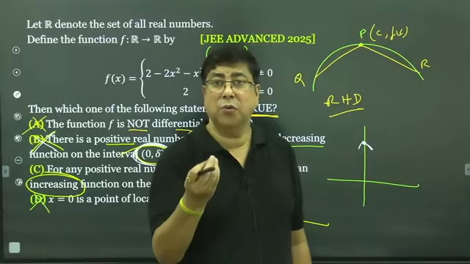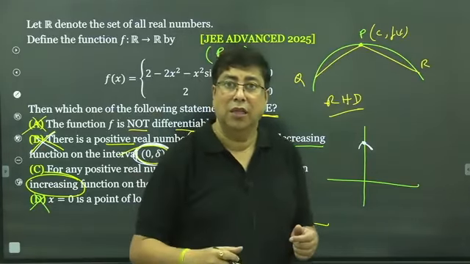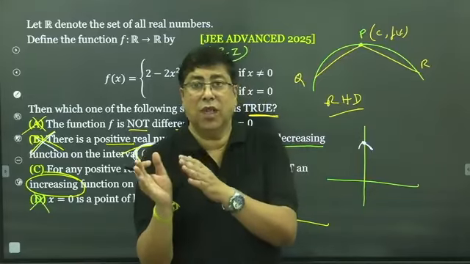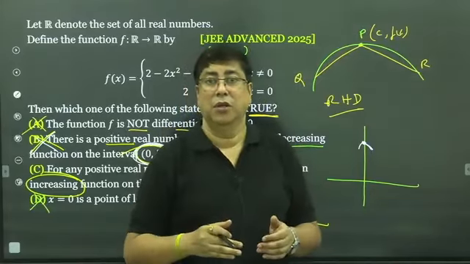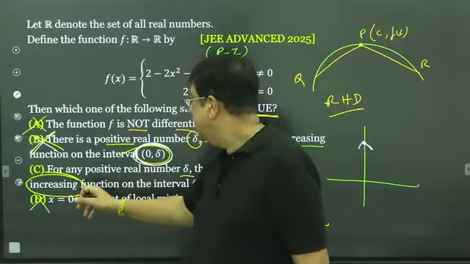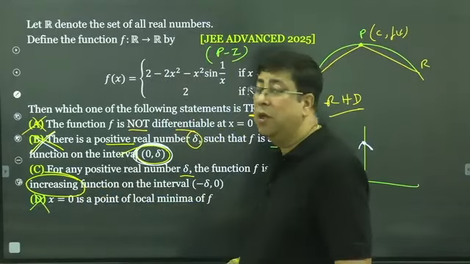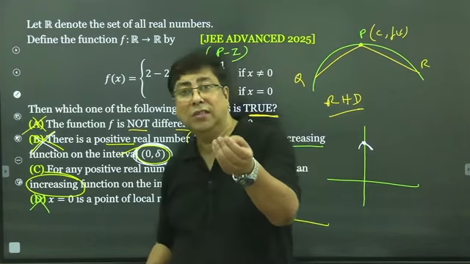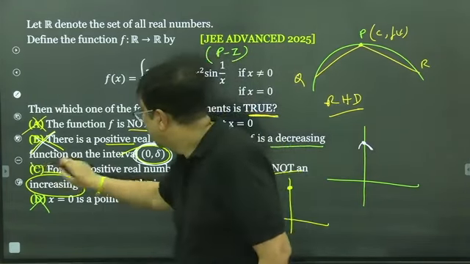Nearer to the value of 0, suppose 0.00001, cos of 1 by x will be so high, and in this region, 0 to that portion, there are so many cycles of the cos. So it is increasing or decreasing, it does not matter. The function is not increasing because we cannot determine whether it is increasing or decreasing. So according to the question, C is the right answer.